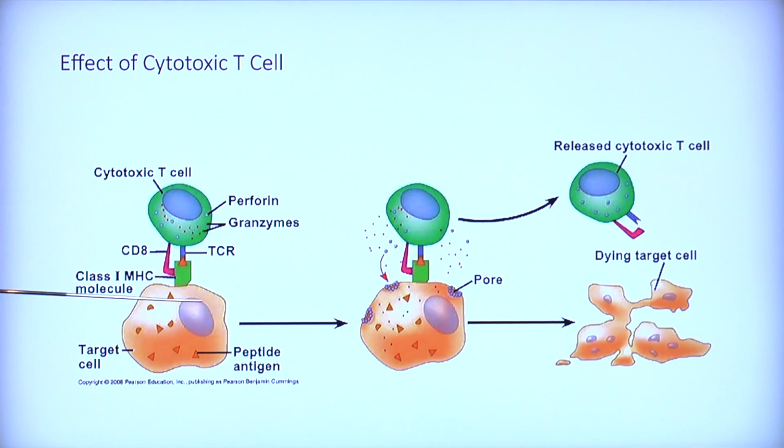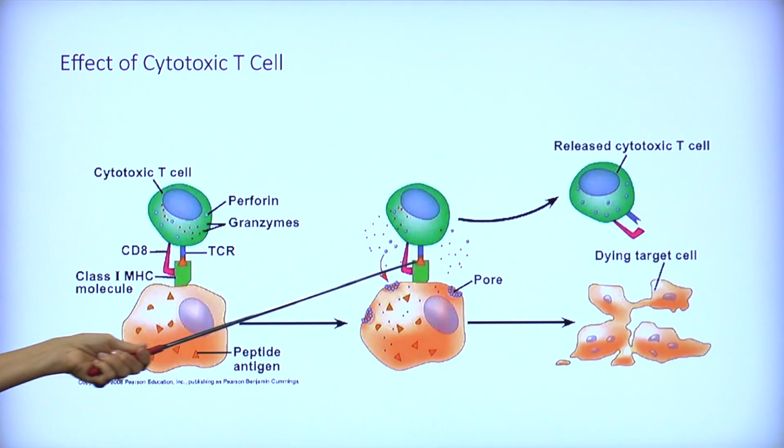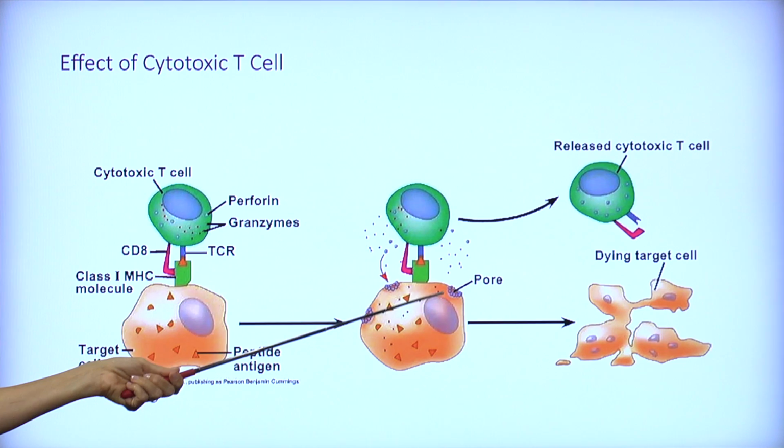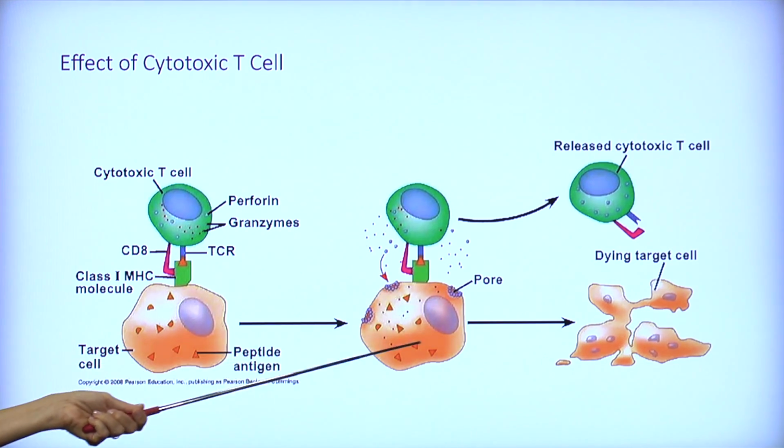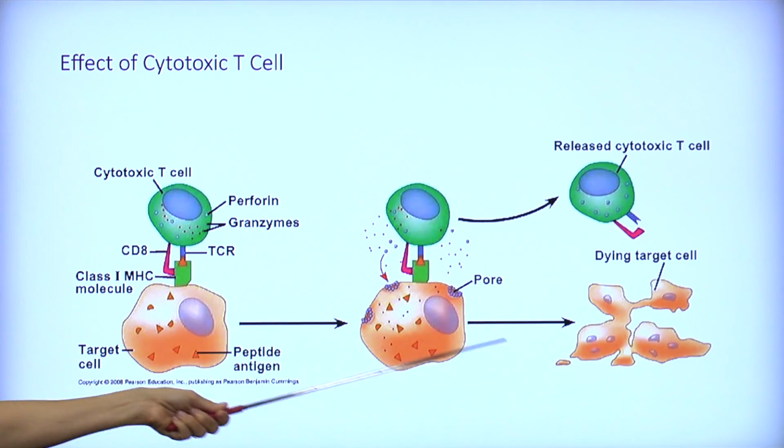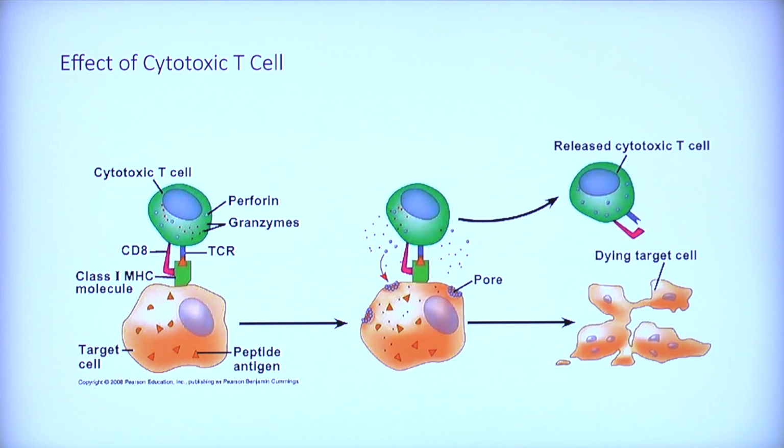They will attach to the abnormal cell and poke holes in it with the perforin, and then they will secrete granzymes, and granzymes will enter through the pores and digest this abnormal cell and destroy it completely. So this is the effect of the cytotoxic T.